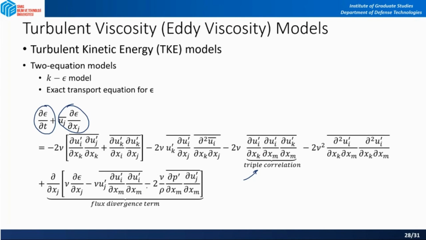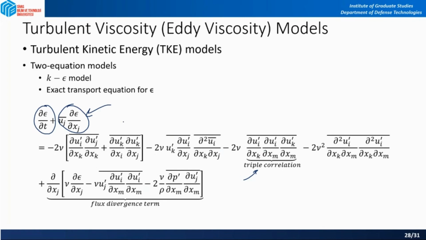Neither instantaneous velocity fluctuations nor their gradients are available, so many of those terms on the right-hand side of this equation are not in closed form, like the triple correlation and the correlation of pressure and velocity fluctuation gradients. So the left-hand side, as you see, is in a closed form.